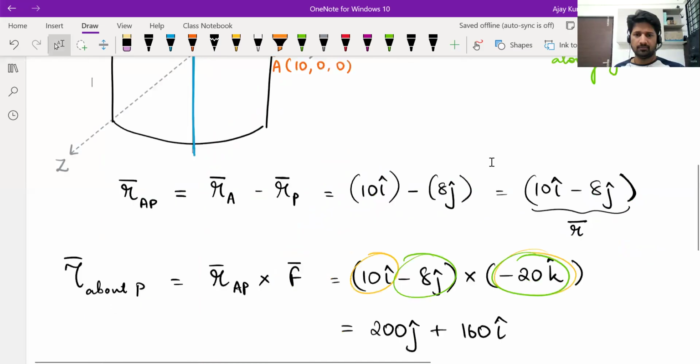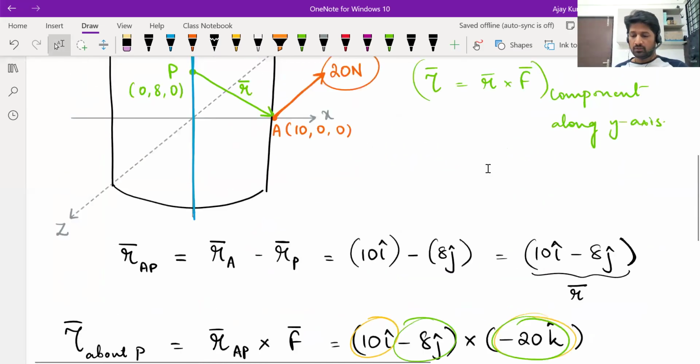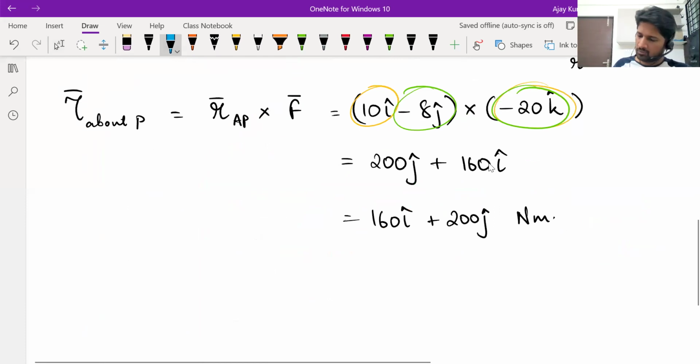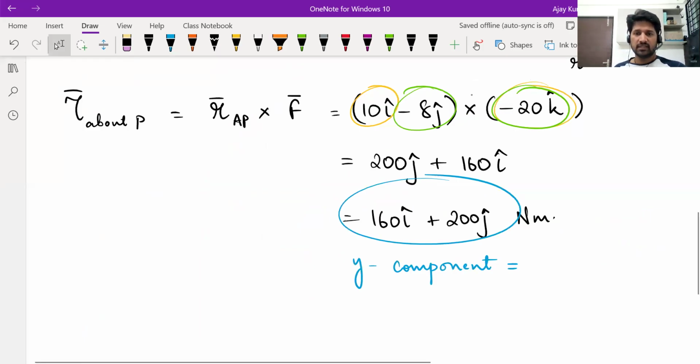Let's find out. Now we got the total torque about the point P. I told you, if you want torque about an axis, find out torque about some point on that axis. That part we have done. Then take its component along the axis. Now what axis are we talking about? Y-axis. This is the total torque about the point P. Now tell me, Rishi, how much is the y component of this torque? 160 I cap plus 200 J cap.